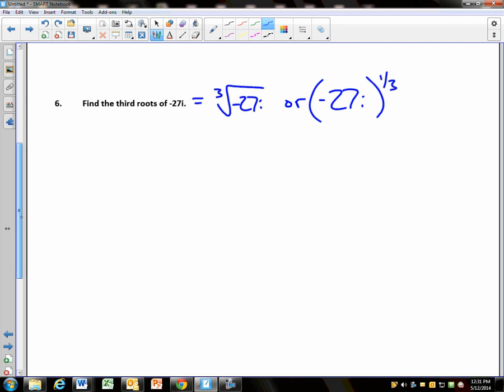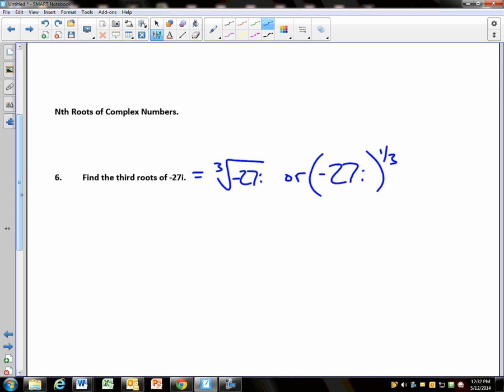Here's the formula that you use. The formula is going to look horrible, okay? But we'll make it look real nice.